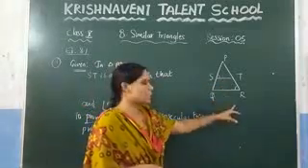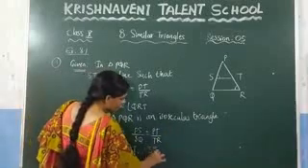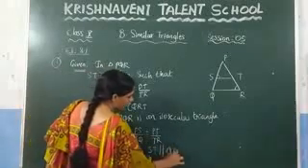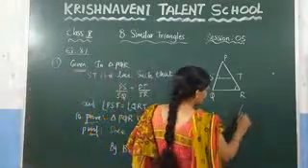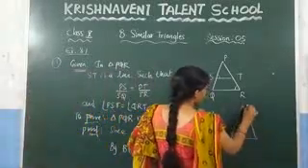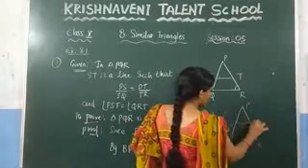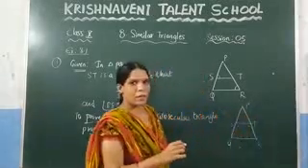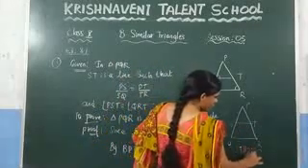In this case, the third side is QR. So here you can write, by the basic proportionality theorem, ST is parallel to QR. Now, if you consider this triangle, I am drawing it again, which is PQR, and they have given one line dividing these two sides in the same ratio, and we got ST parallel to QR.